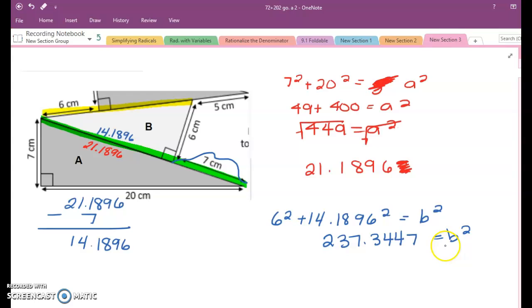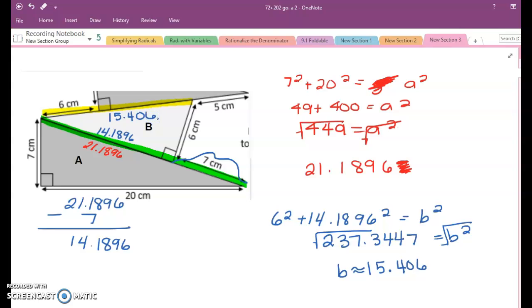Okay, now to undo a square, we would square root that. So I get B is roughly 15.406.